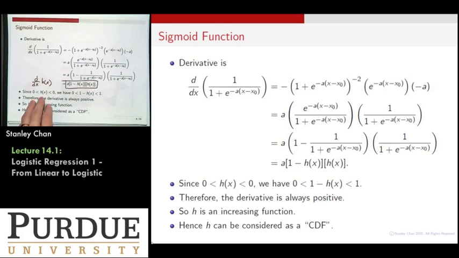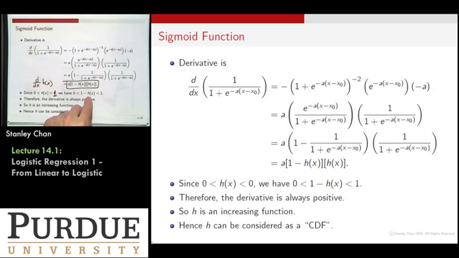Another very interesting property is that since your h, I just showed you, is monotonically increasing, its maximum value is 1 and the minimum value is 0. Therefore, for any x, your h is bounded between 0 and 1. And since it's bounded between 0 and 1, then your 1 minus h is also bounded between 0 and 1. Therefore, this quantity, 1 minus h times h, is also bounded between 0 and 1.